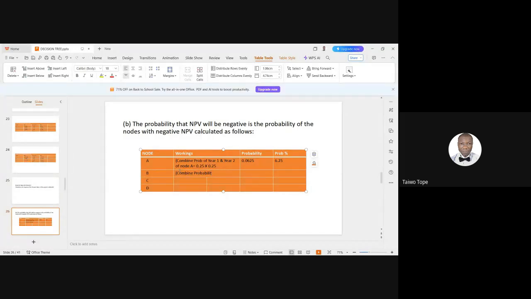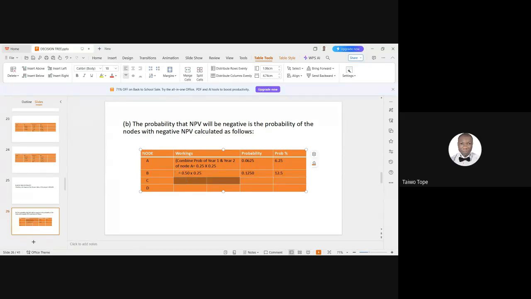I don't need to write all these workings again. The first one I've shown, so everything in that first one is also applicable. The result here is 12.5%.